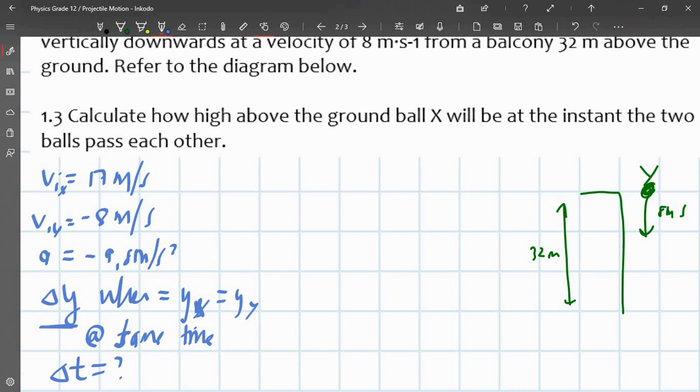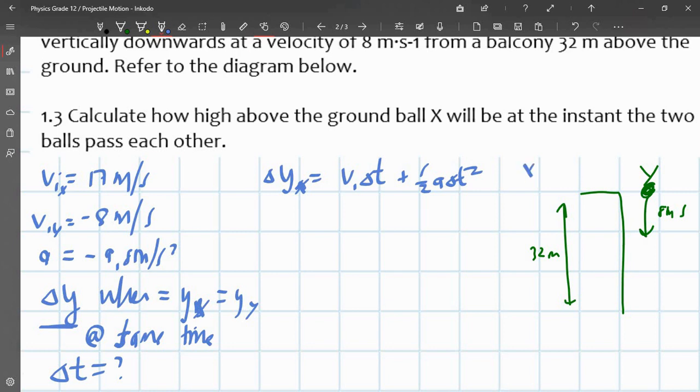So the first thing we'd want to do is use an equation that involves the variables that we have. And in this case, the equation that we can use is the change in y equals velocity initial times change in time plus half acceleration times change in time squared. Don't forget the square there.